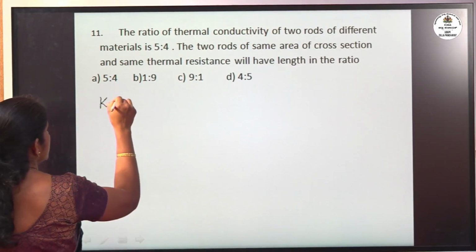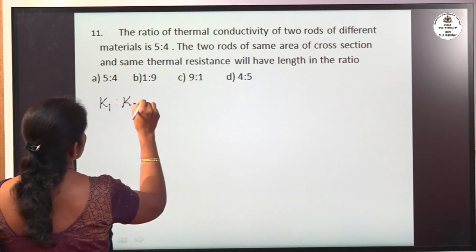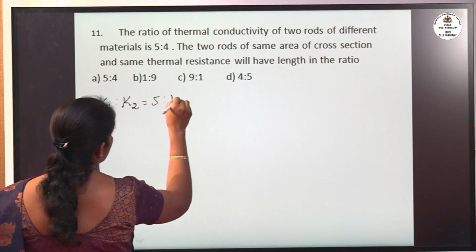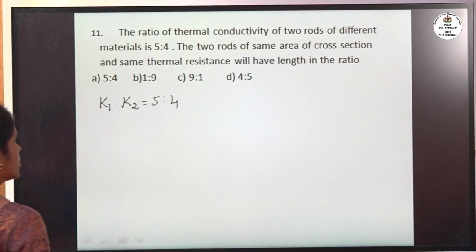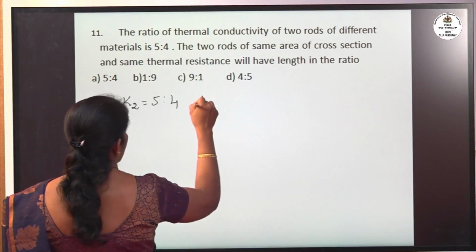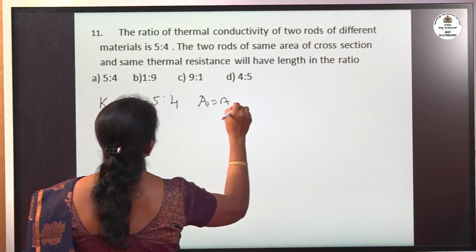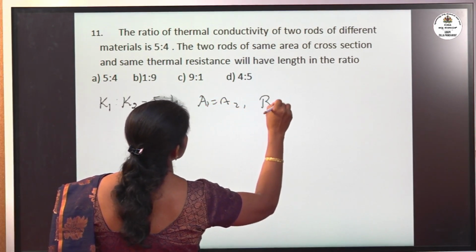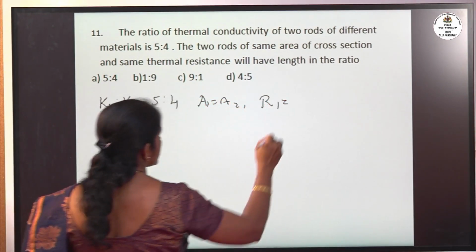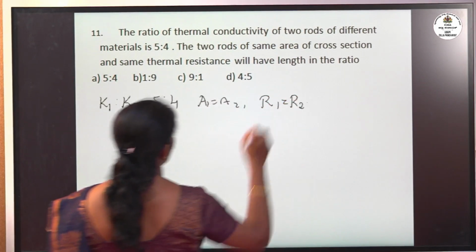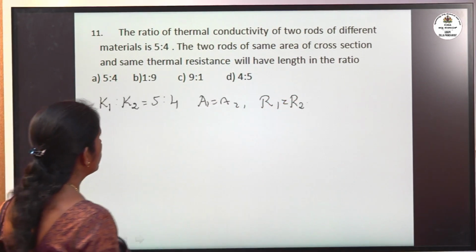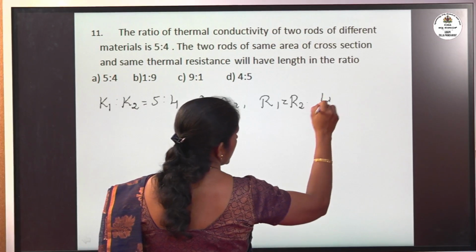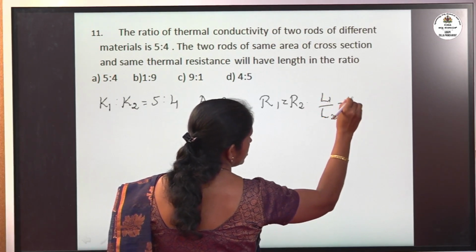Thermal conductivity of two rods K1 is to K2 is given by 5:4. The two rods of same area of cross section, A1 is equal to A2. Thermal resistance also same, R1 is equal to R2. You are asked to calculate L1 by L2.